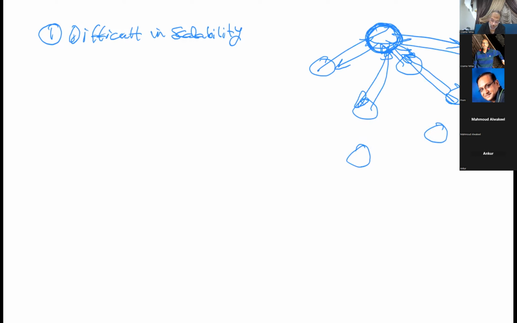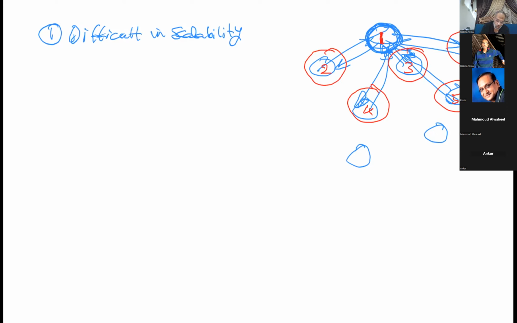Now, if we have this user, he is here 1, and he communicates with 2, 3, 4, 5, 6, then I need 1 key for 2 and 1 key here, 1, 1, 1. By increasing the number of the users you are communicating with, the number of the keys will increase. Let me give you a practical example to understand.